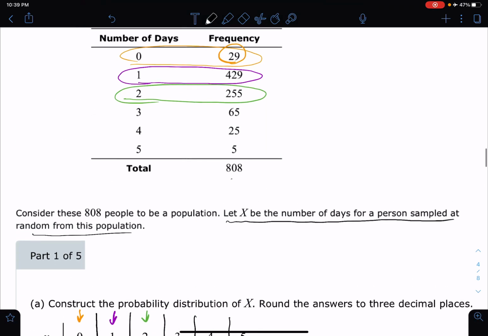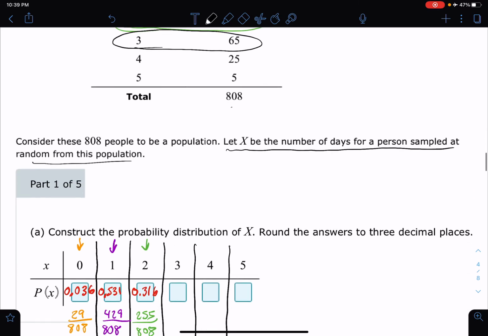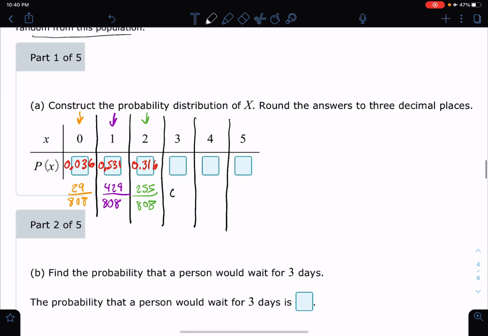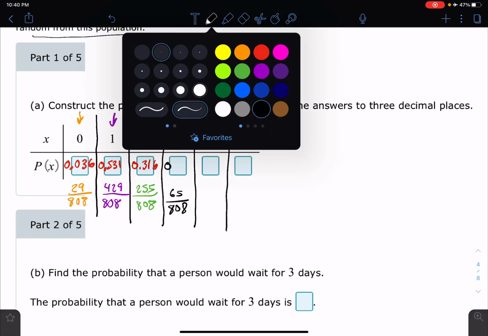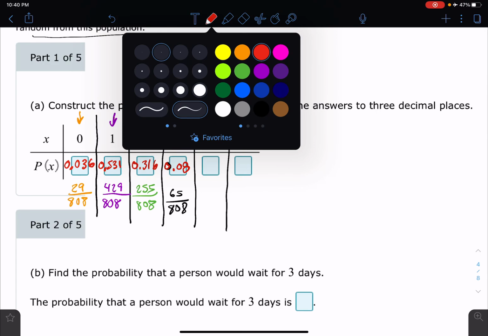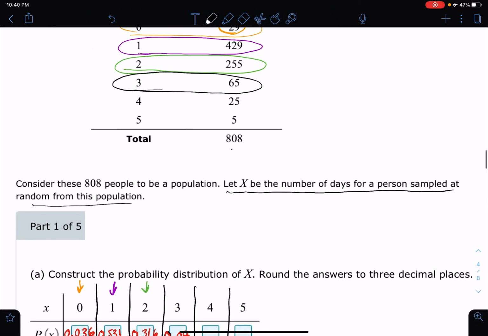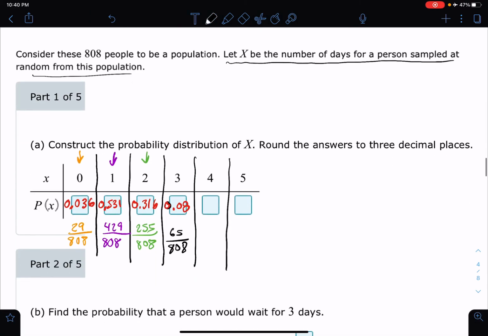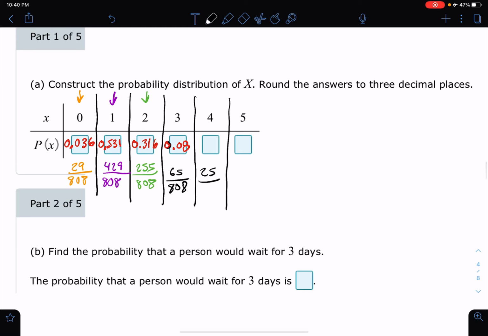Okay, I think you got the idea, so let's just do this in black pen now. Suffering for 3 days, that's 65 out of 808. Divide on the calculator, 0.08, or also known as 8%. The number of people that suffer for 4 days, that's 25 out of 808.